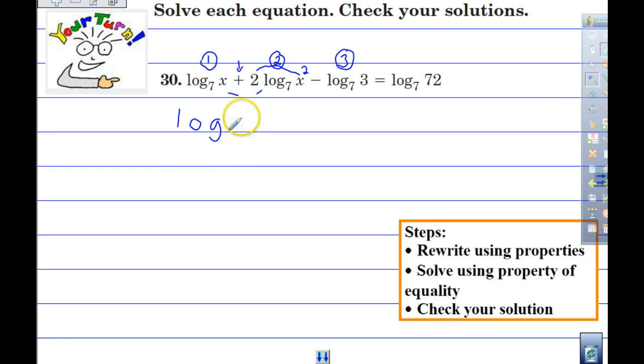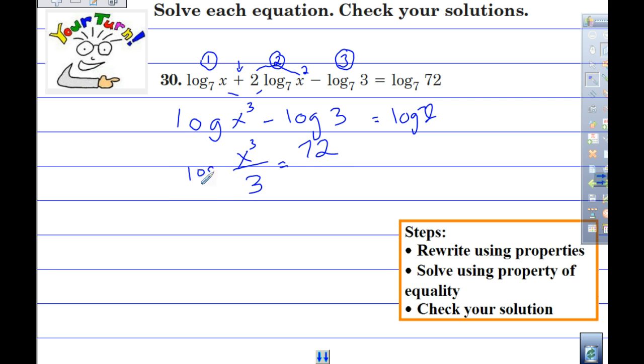X to the third and then you have log of x to the third over 3 equals 72.